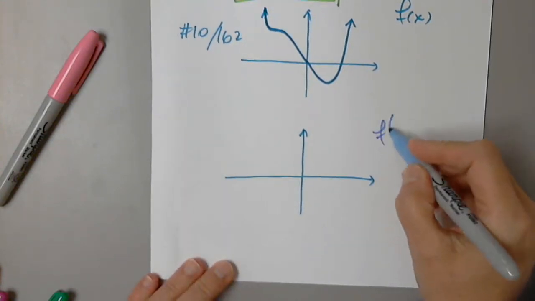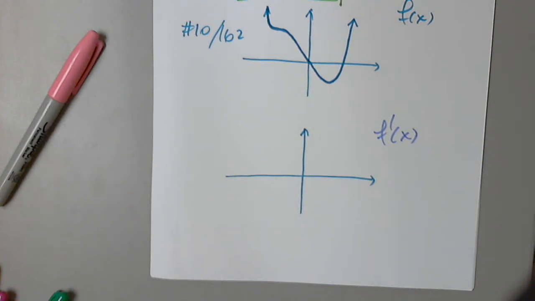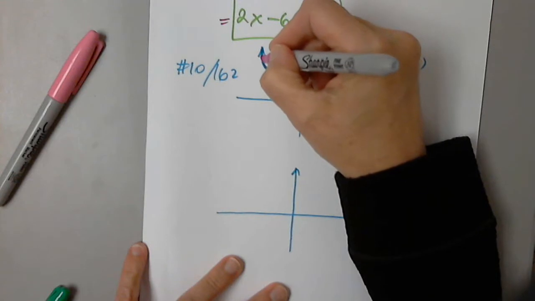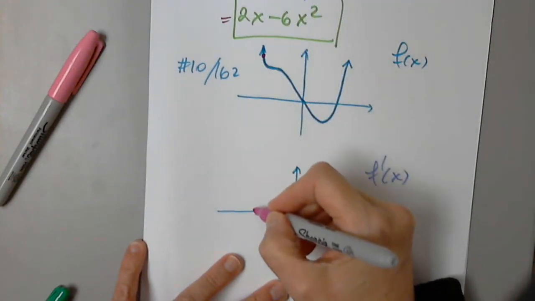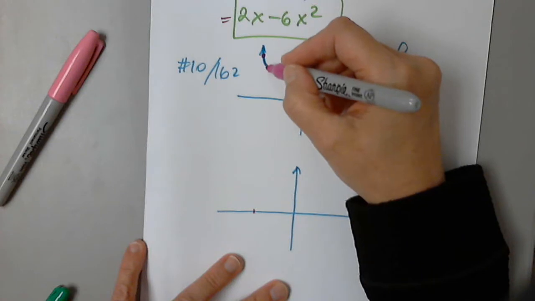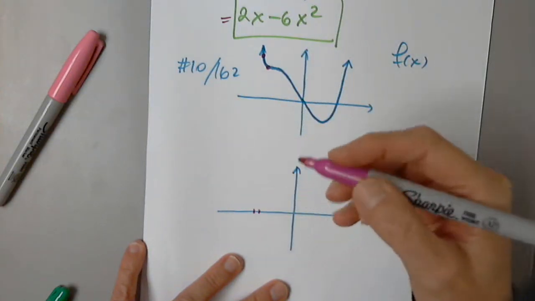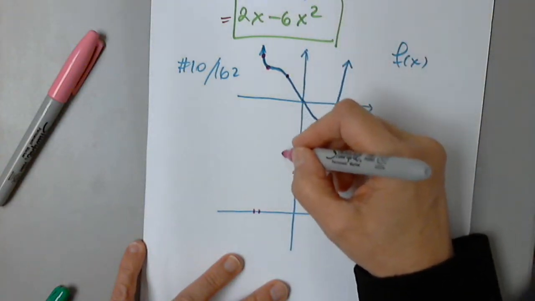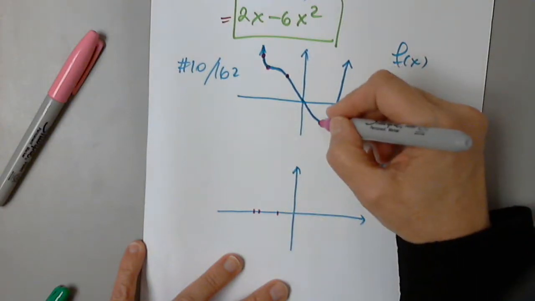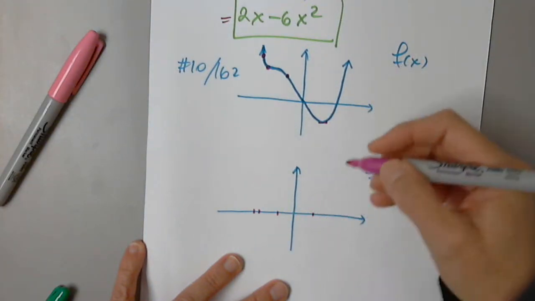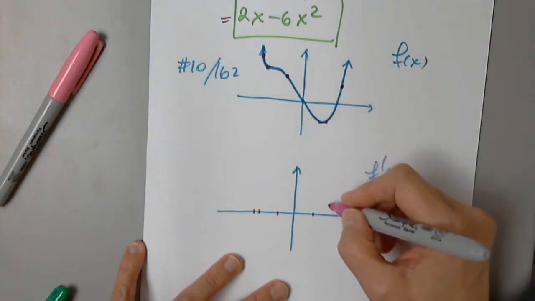A function f prime of x will have as close of a shape as we can get to. It will be far from being exact. Okay. I will pick some points on the function. I'm going to pick this point, this point, this point, this point, and let's say another point here.